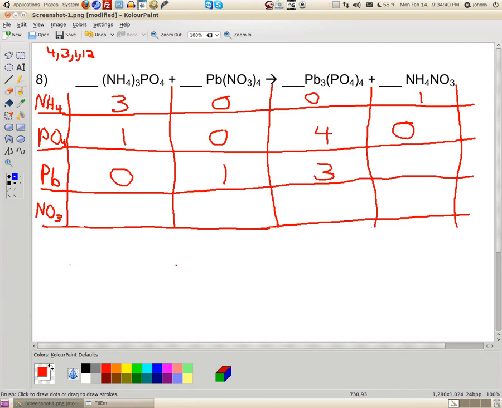Remember, I'm just looking at these. There's 3 Pb's, and there's 4 PO4s, and then there's no NH4s. Here Pb's, I have none. And then here, NO3s, I have none, so 0. NO3s here, I have 4. Here, NO3s, nope. And here, yes, 1.